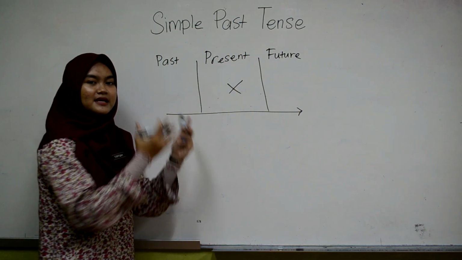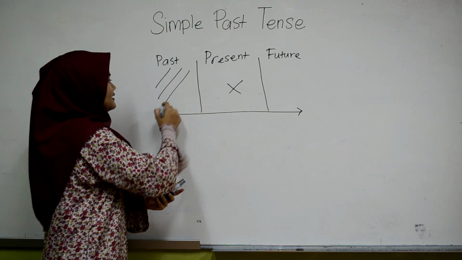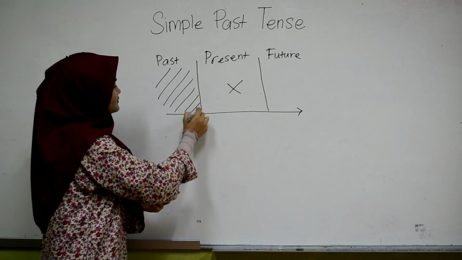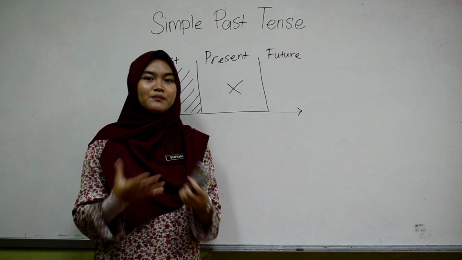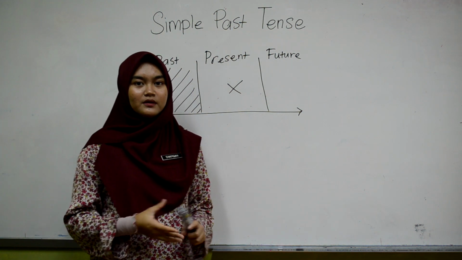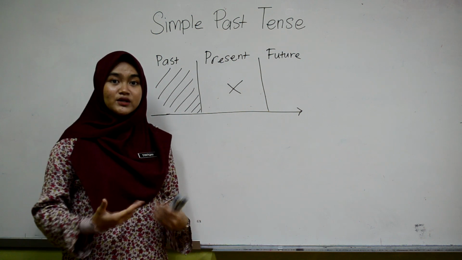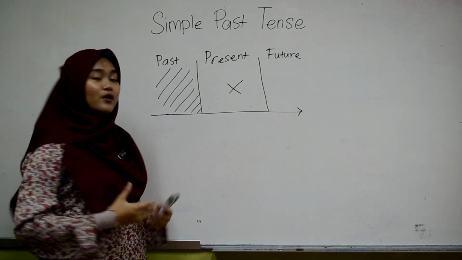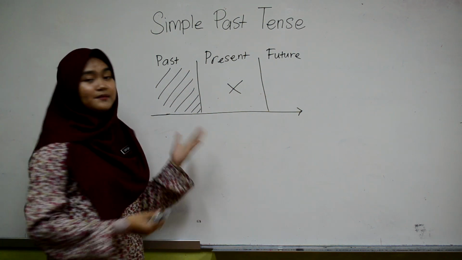Simple past tense refers to anything that happened in this time area. So, how do we tell people about simple past tense based on our sentences? Today we are going to dig further into that topic.